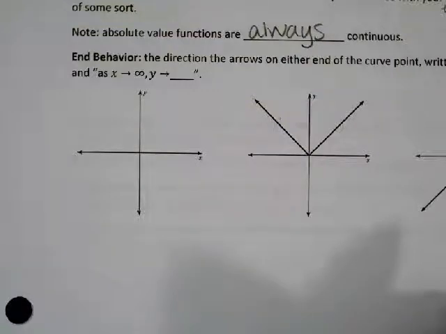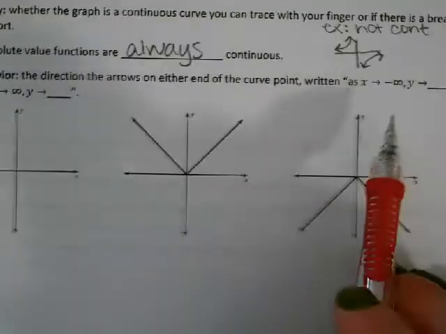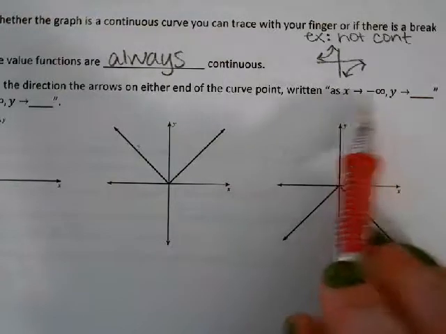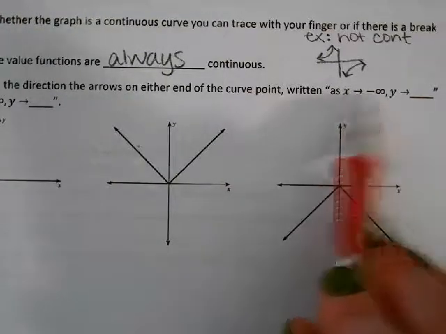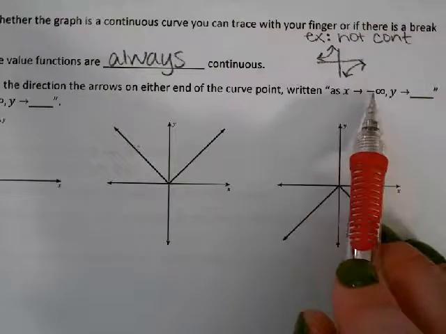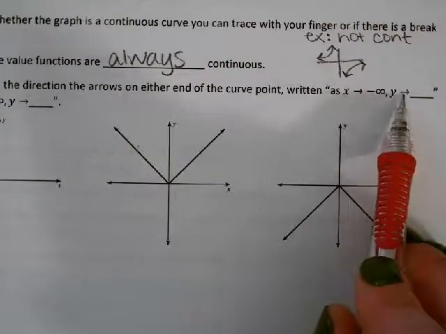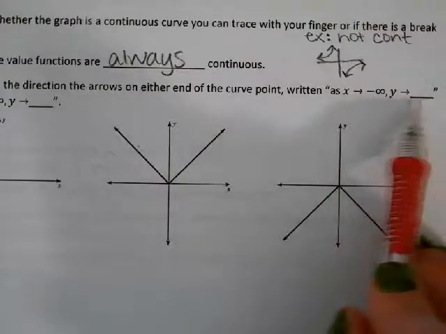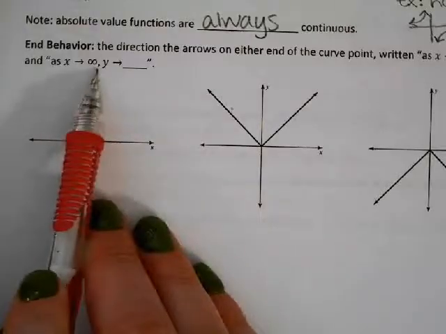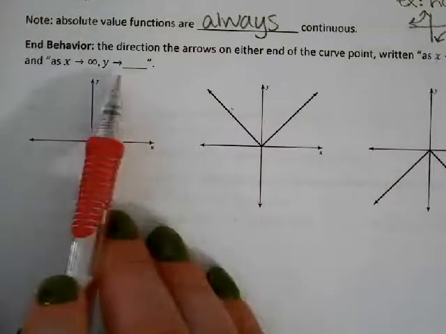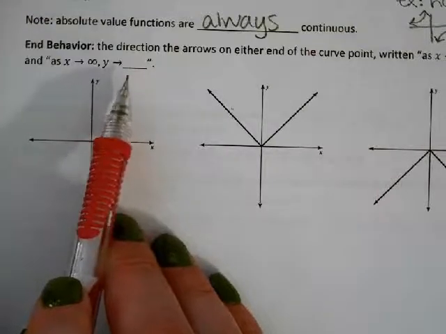Okay? So the math symbols always start like this. It says, as x goes to negative infinity, that's how you read it out loud. As x goes to negative infinity, y goes to, and then you would fill in that blank. You would have to say what it does. And then as x goes to positive infinity, y does something, and you would fill in that blank. Okay? Now, it's not as difficult as it looks. It looks really complicated, but it's not complicated at all.